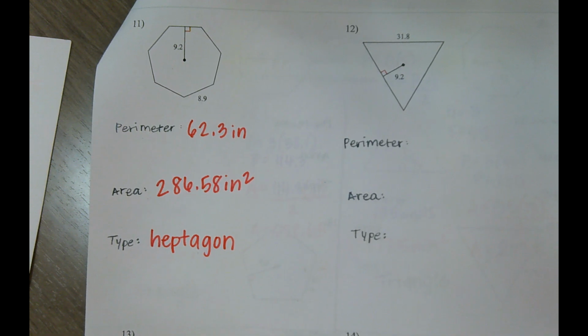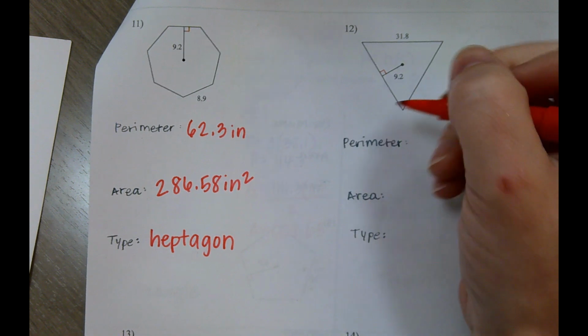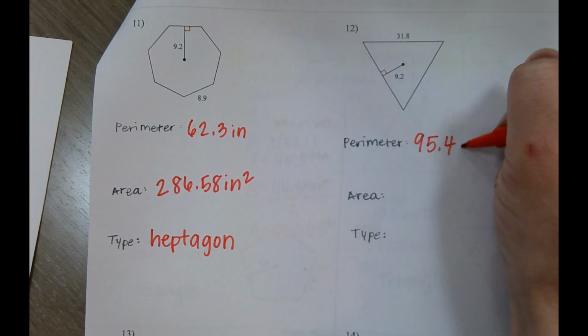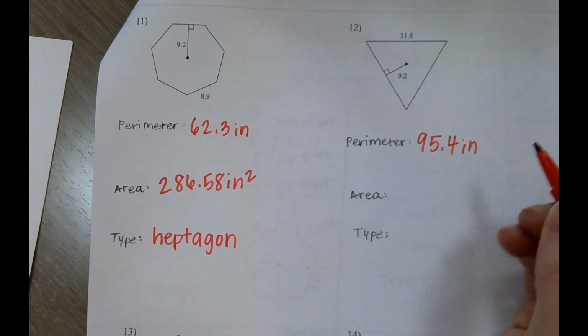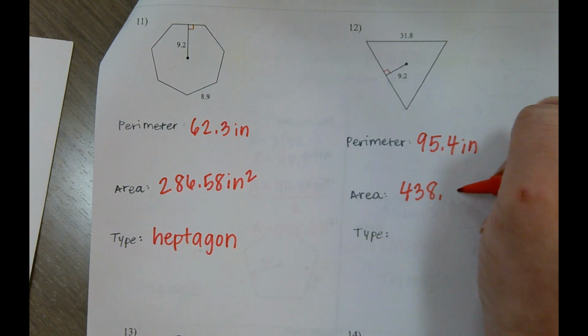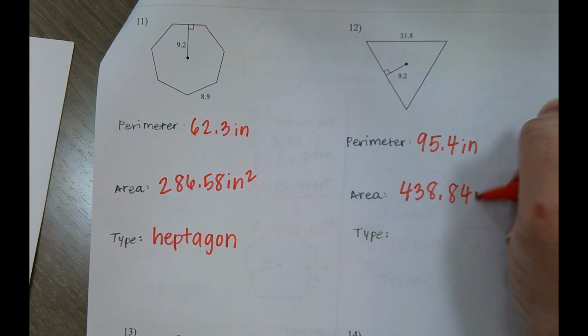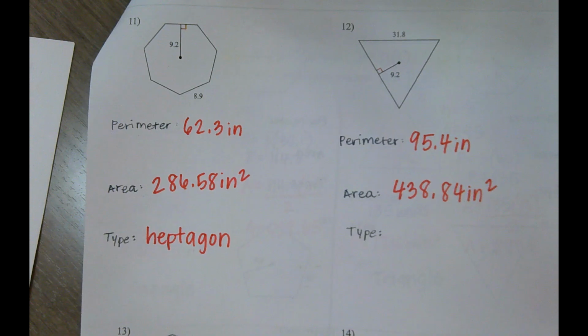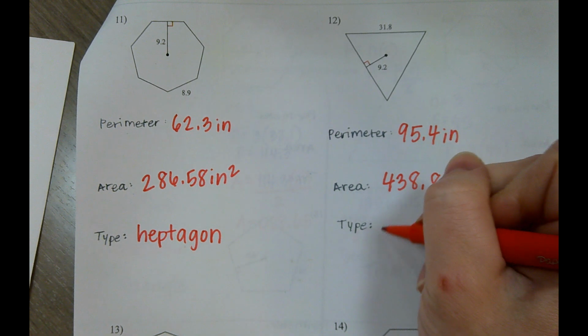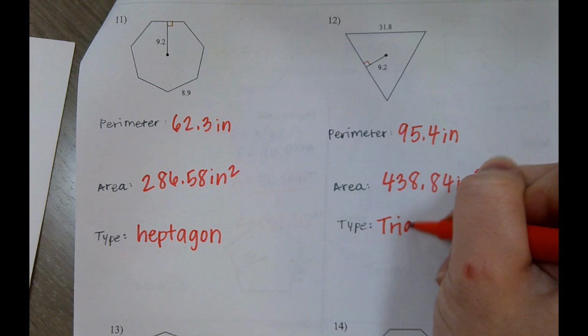Okay. Number 12, our perimeter is 95.4 units. Our area is 438.84 units squared. And the type is triangle.